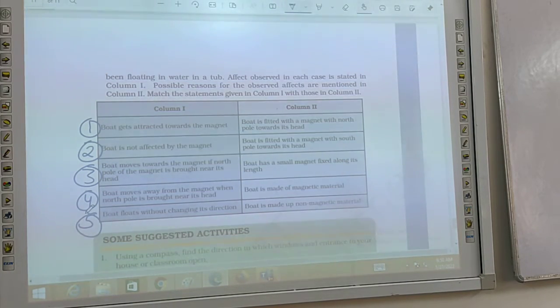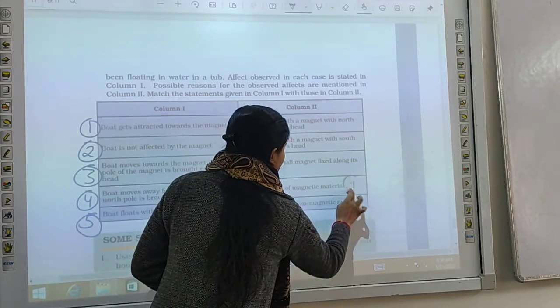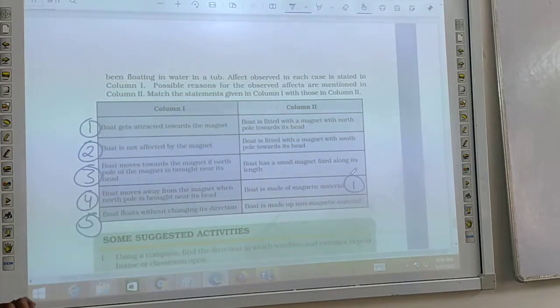Okay. So first one, boat gets attracted towards the magnet. If any object is attracted towards the magnet, it means that the boat is made up of magnetic material. So first, write first here: boat is made up of magnetic materials.